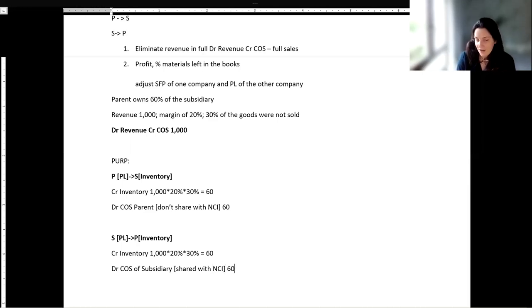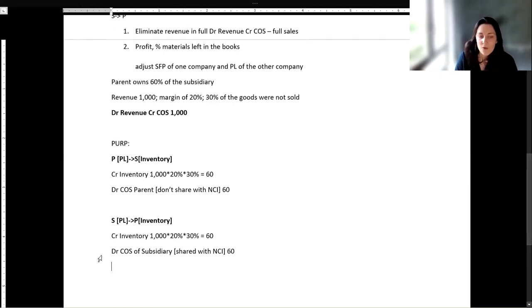And this $60 as such is going to be split. So you are going to record to NCI as reduction this 60 multiplied by 40% of whatever the NCI holds. So it is 24. And retained earnings in statement of financial position are going to be reduced by the remaining.